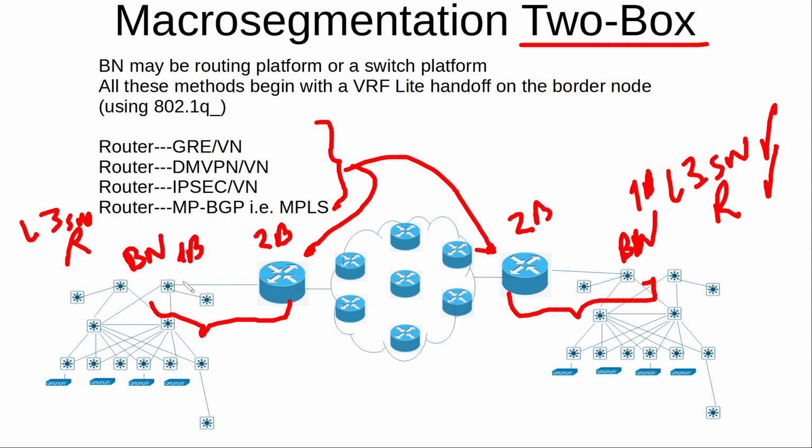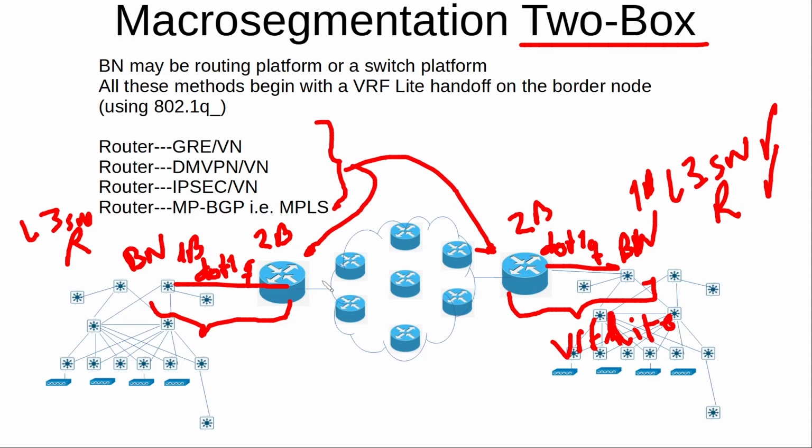In this case, I'm going to set up .1q communication here between my border node and the router, and I'm going to communicate this border node with this other router with the VRF Lite, just as we regularly do between the border node and the fusion router, the exact same configuration.